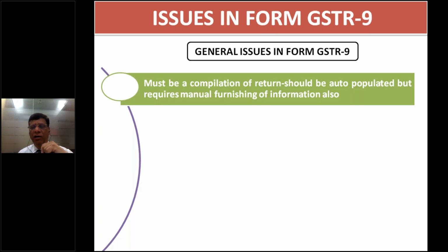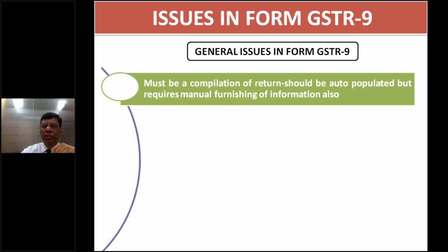Whereas Form GSTR 9 contains 6 parts, 19 tables, and almost each table is further subdivided into sub-tables comprising more than 10. So about more than 200 rows we have to fill up.